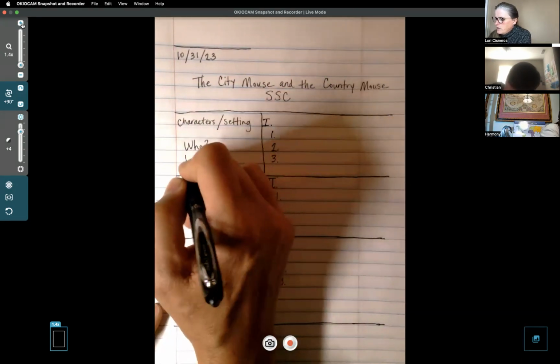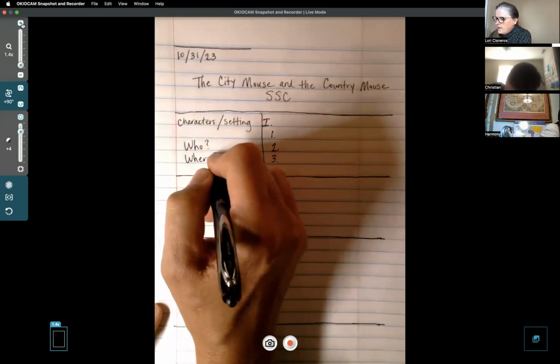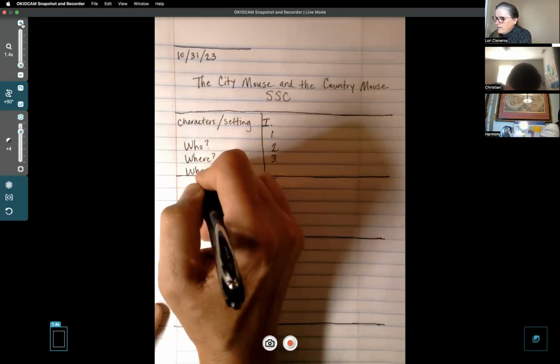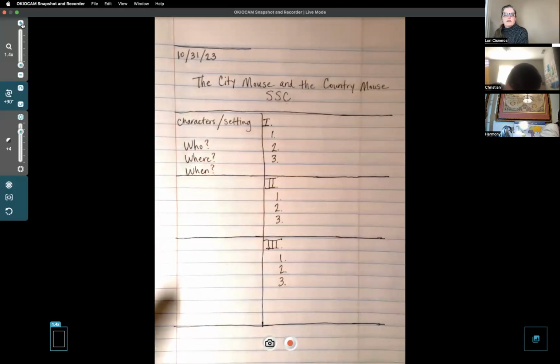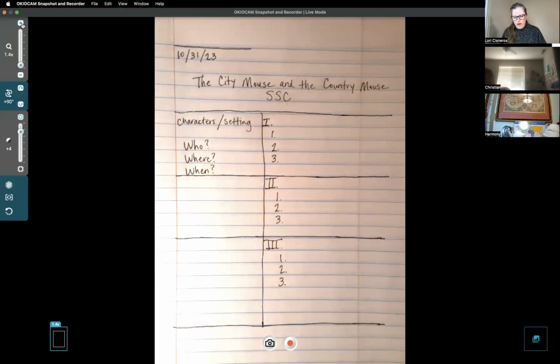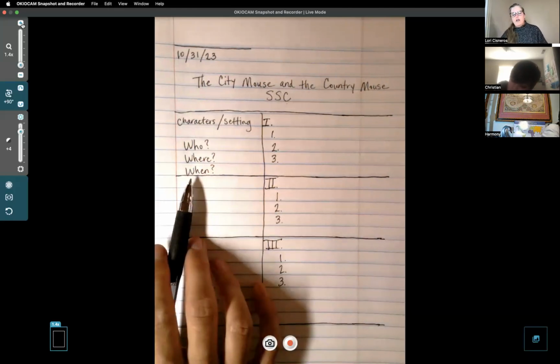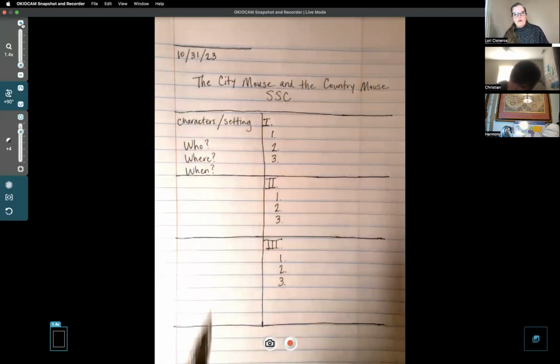Who, where, and when. In that first box, that's what we're focusing on. Who's in the story? Where are they? And when is it? Sometimes the when isn't always in the story. So this one you might not know, but who and where, those are the characters and setting.